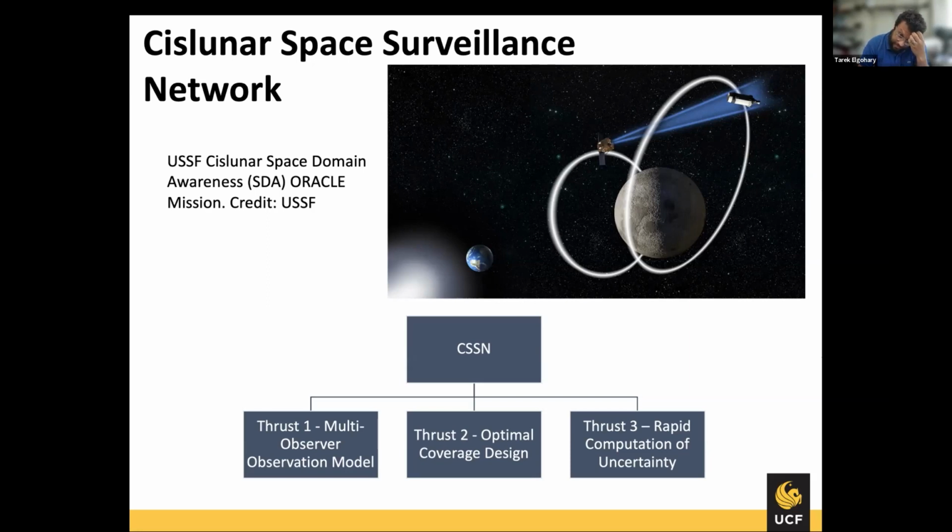Now, the history of that: we have a few missions in orbit that did SBSS, space-based space surveillance, about the Earth orbit. They are singular missions, mostly to test the concept.